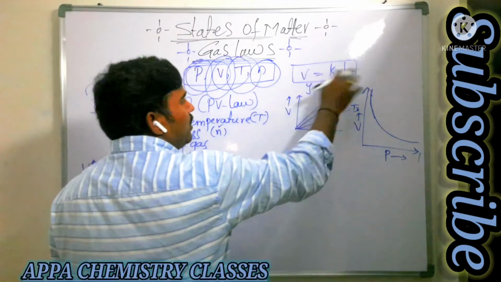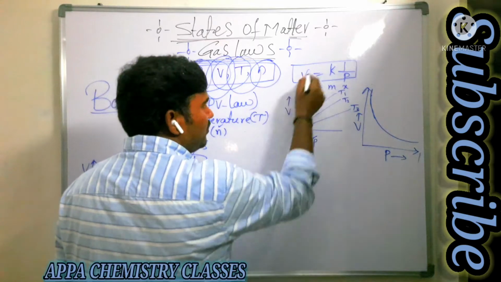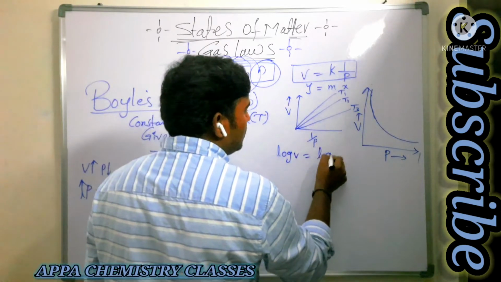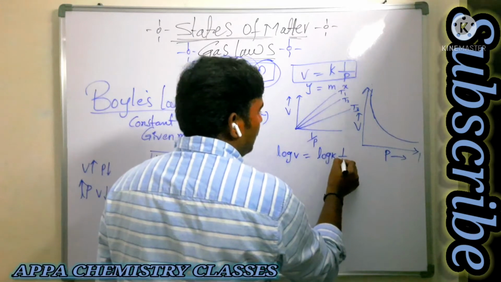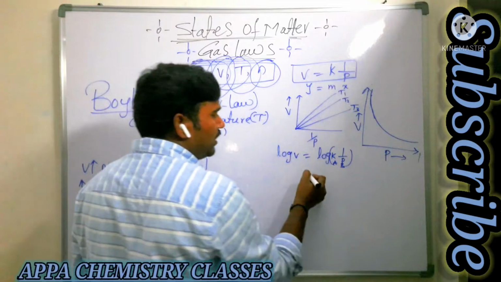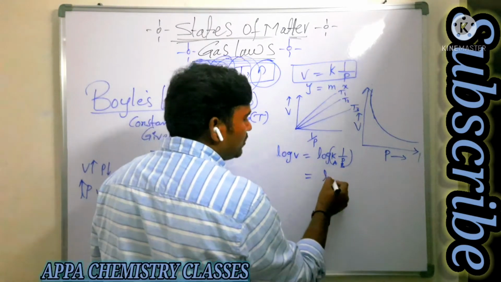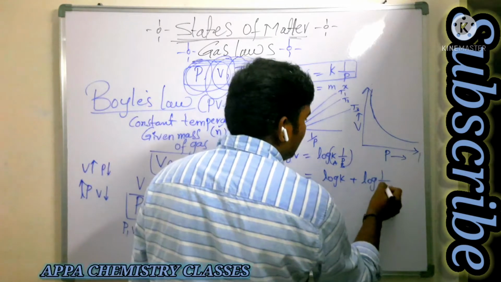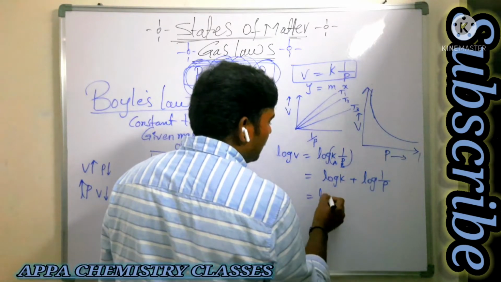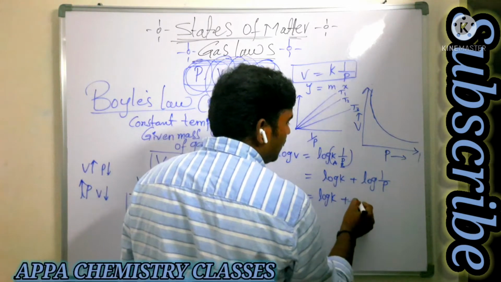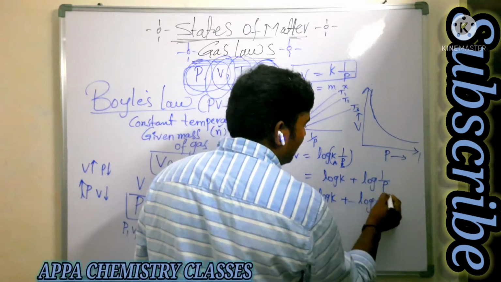Okay. So you apply the logarithm on both sides for this equation. Log V is equal to log K into 1 by P. So it is log A into B form, so you separate it into log A plus log B. That is log K plus log 1 by P. 1 by P can be written as log of P power minus 1.